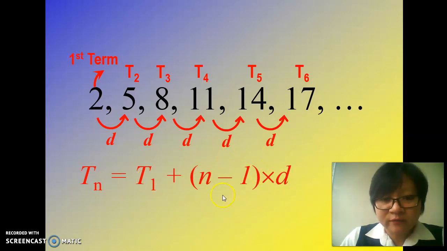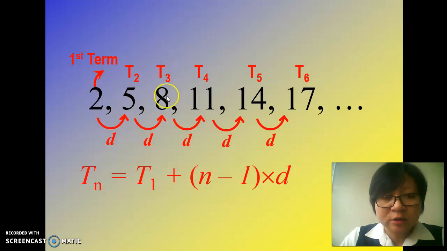Why you need to subtract 1 from the position number? Because the common difference is added at the second term, not at the first term. That's why we don't need to add the common difference to the first term. For example, to find the second term, you need to add 1 times d to the first term.